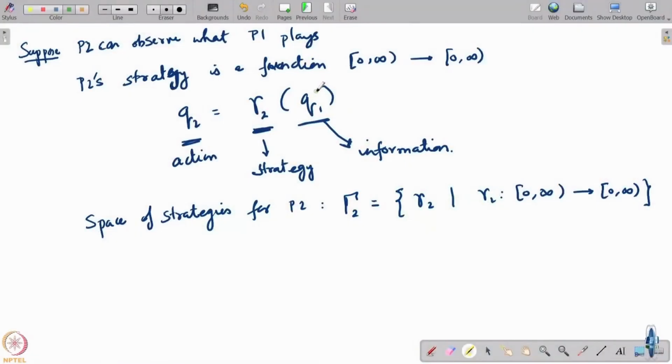So, the strategy for player 2 is effectively a plan, right. It is a plan which says that if player 1 produces 100 quintals, I will produce so much. If player 1 produces 200 quintals, then I will produce so much. If player 1 produces 300 quintals, then I will produce so much. Essentially, for every value of Q1, he has a response planned, right.